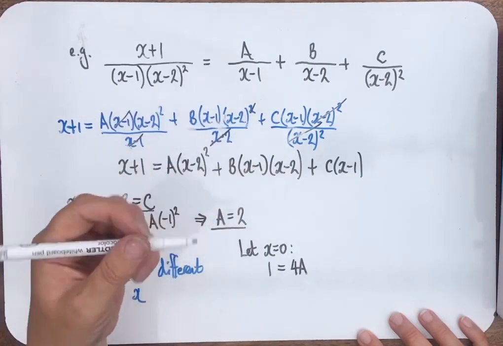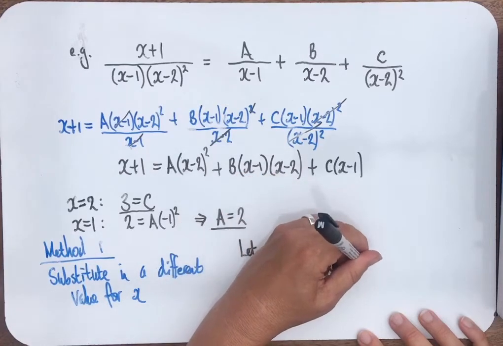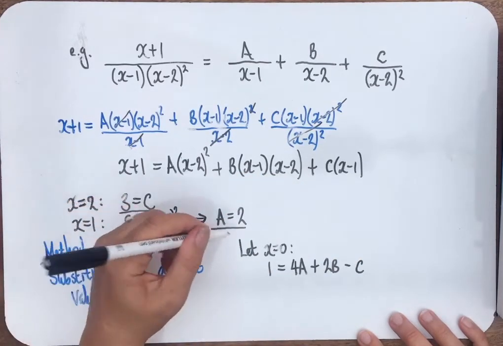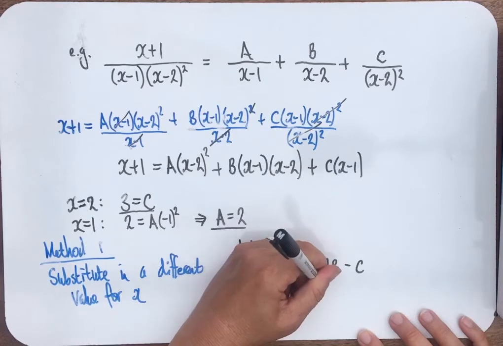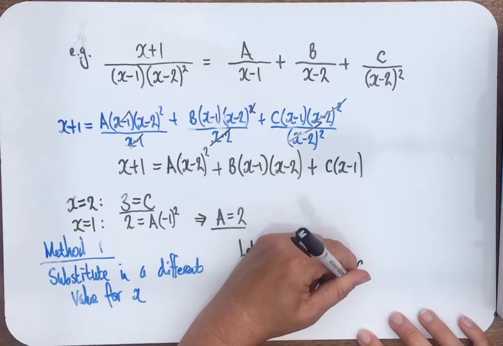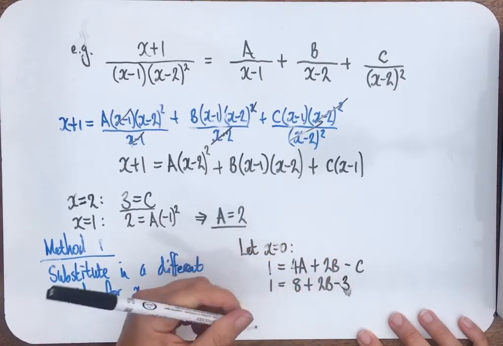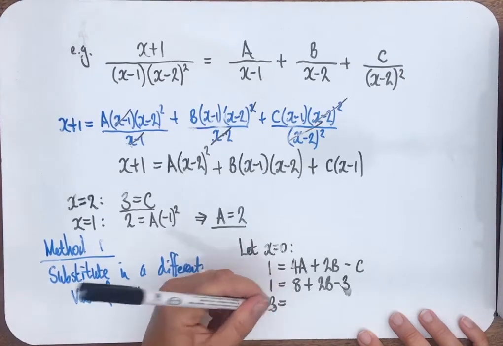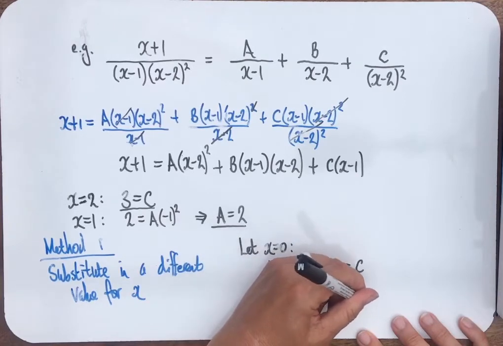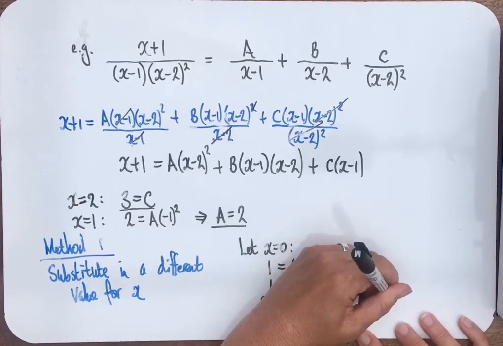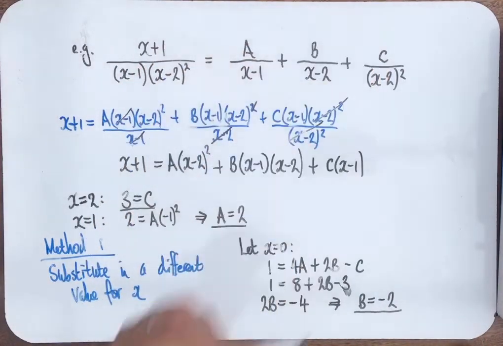Minus 1 times minus 2 is 2, and then minus c. And then we know that c is 3, a is 2, so 4 times 2 is 8. Sorry, c is 3. So if we add 3 minus 8, 2b is equal to minus 4, and so b is equal to minus 2. And then you can just substitute those into there.